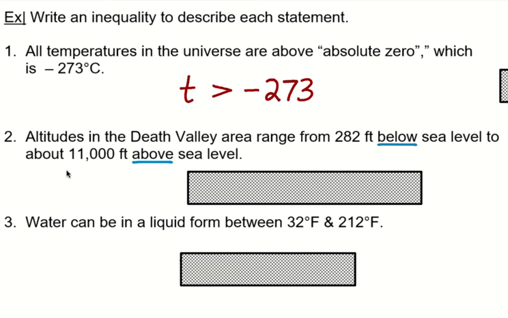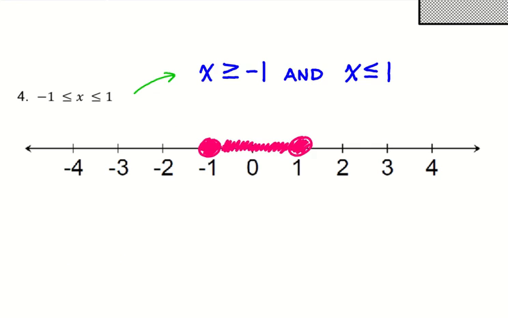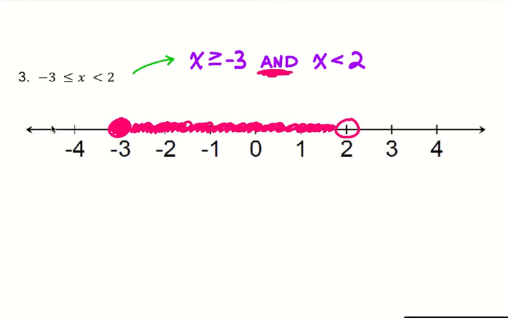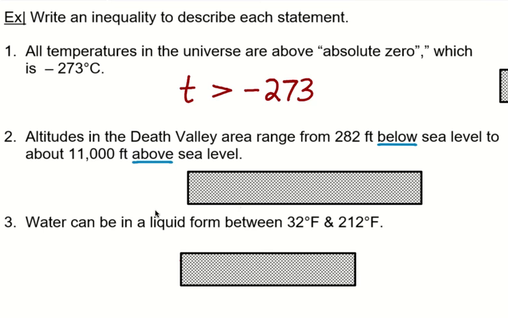If I'm reading this correctly, and I believe that I am, this is saying that all these altitudes are going to be between negative 282 feet and positive 11,000 feet. So isn't it going to be this type of deal? This whole in-between business? And so the inequality is going to look just like this, but with the correct numbers.